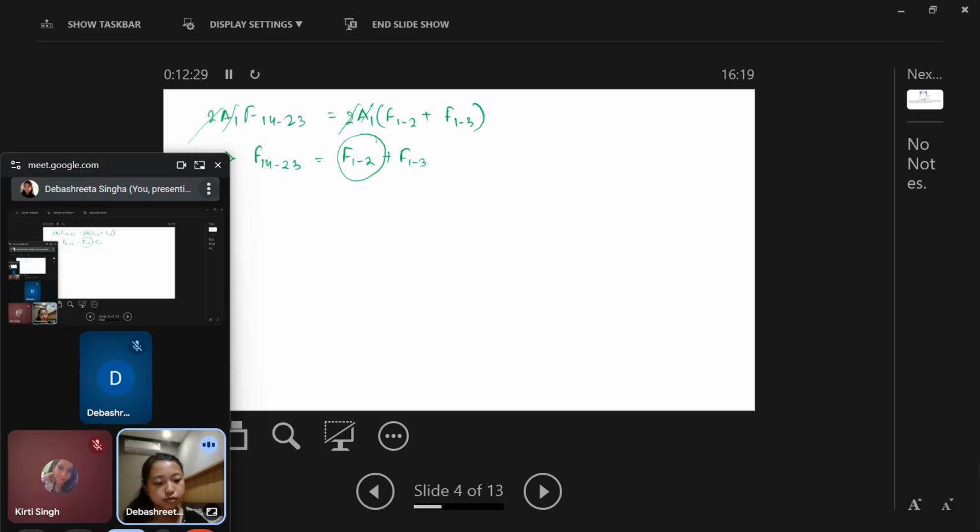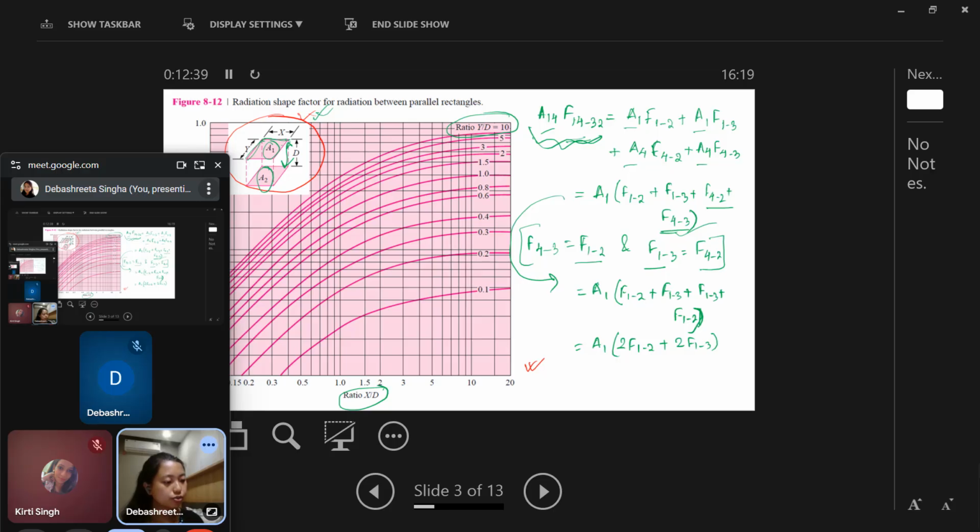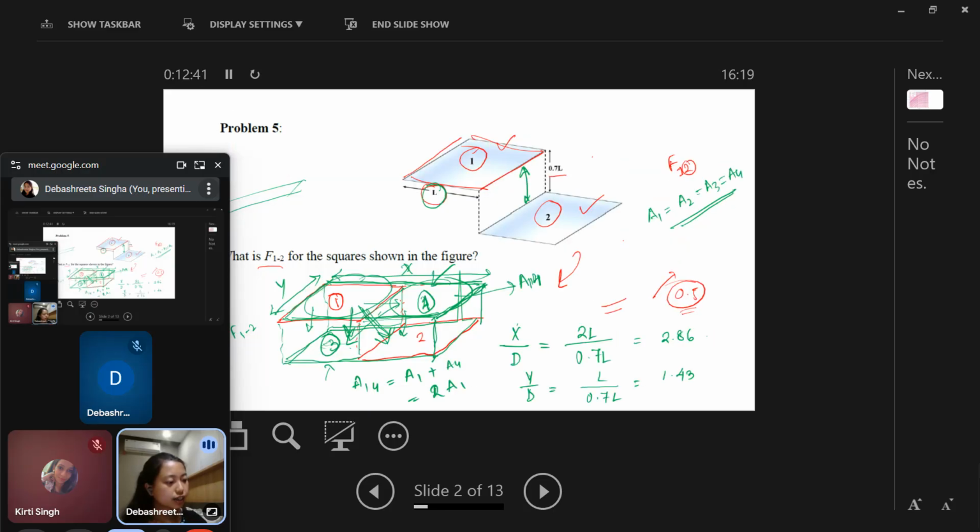Now from the graph plot, we can find out this F13 and also F1423. How do we find that out? This will directly give F1423, because we are considering the whole double surface. So this will give us F1.